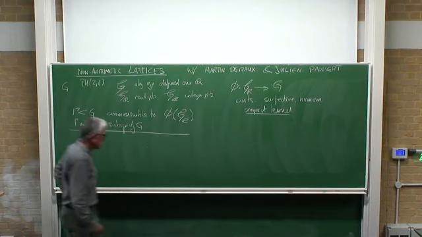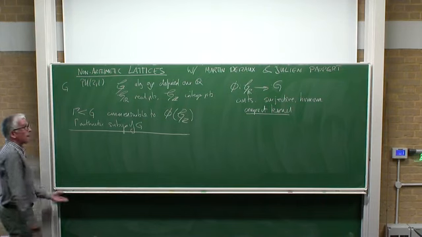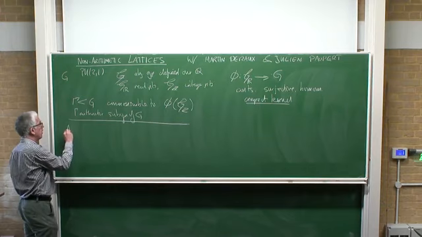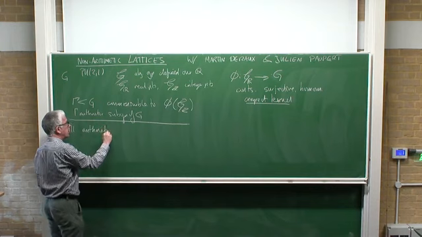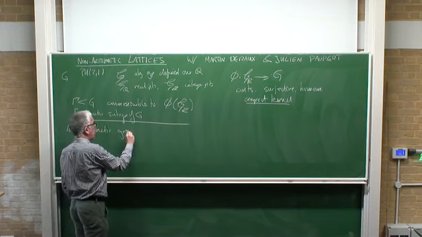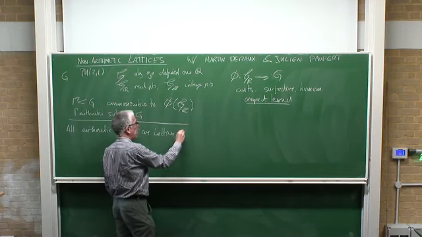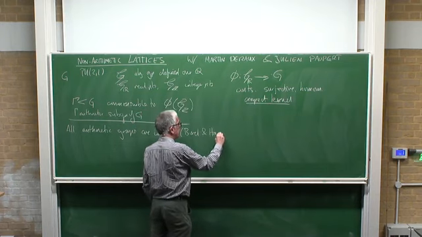So the only little bit of history that I want to say, we've been caught on film being clumsy, never mind, is that all arithmetic groups are lattices.